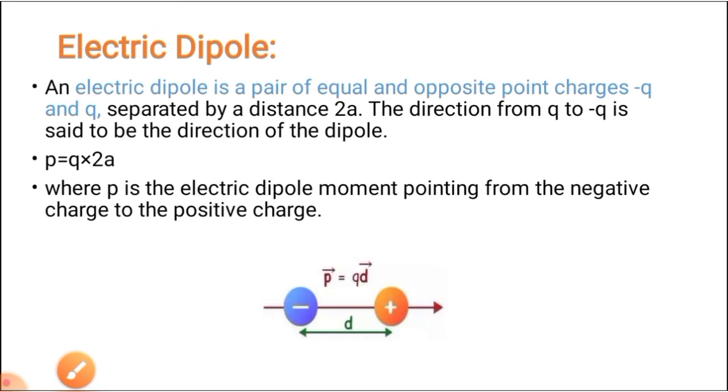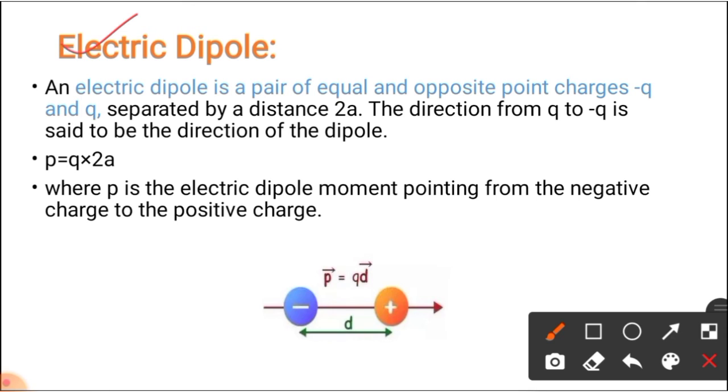Now we will see the next point, electric dipole. As we studied earlier, electric dipole is a pair of equal and opposite point charges separated by the distance 2a. Here Q negative and Q positive are the charges separated by the distance d. Now we can find out the electric dipole moment.